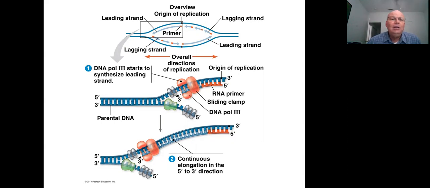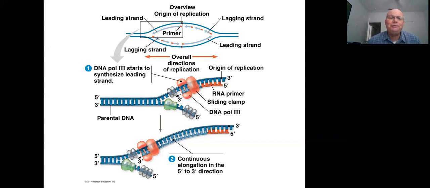Then in bacteria, DNA polymerase 3, otherwise known as Pol 3, attaches to the template DNA, and using the template strand starts adding in DNA nucleotides to the 3' end of the complementary strand, starting with that primer as its complementary strand.